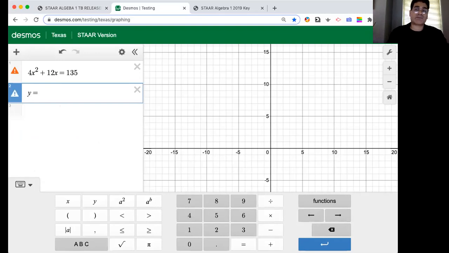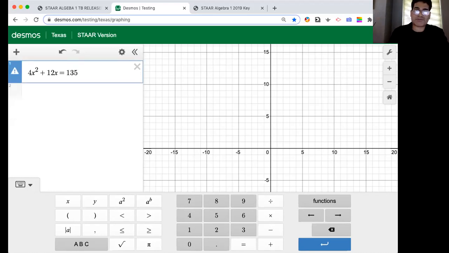I'm not going to change any of the values. I'm not going to take away. I don't have to, right? Because the y is by itself. I can keep the y by itself. So let's see. Now, we do have a 135. What do we do with that? Okay, let's bring it all to one side.